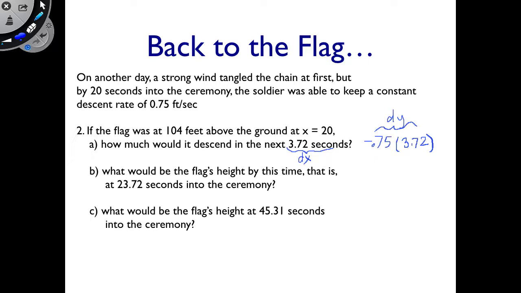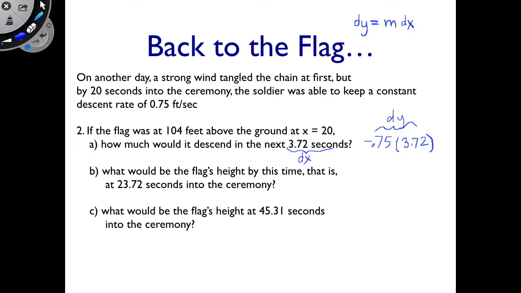During this interval of 3.72 seconds, we have this nice even rate at which the flag is descending. So it doesn't matter that it's not the first 3.72 seconds. If I've got a constant rate of change, a change in my dependent variable is a constant multiple of a change or variation in my independent variable. So regardless of when this variation happens, I've got the same rate and the same resultant change in height.